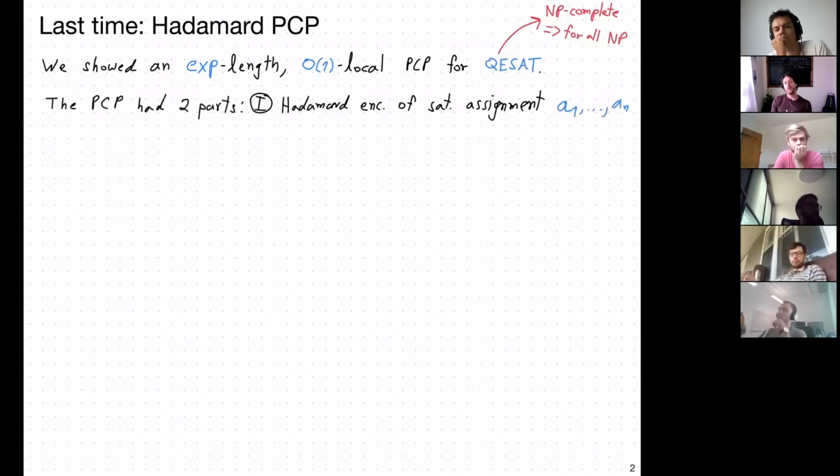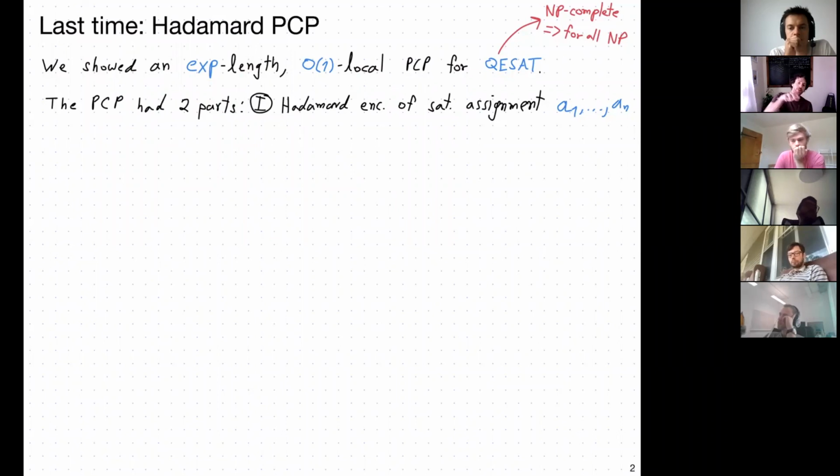The first part was a Hadamard encoding of some satisfying assignment. So we have this bunch of quadratic equations, and we know that if we give the first variable the value A1, the second variable the value A2, and so on, that is a satisfying assignment. We took this and encoded it using the Hadamard code, which essentially means take all possible linear combinations of A1 to AN.